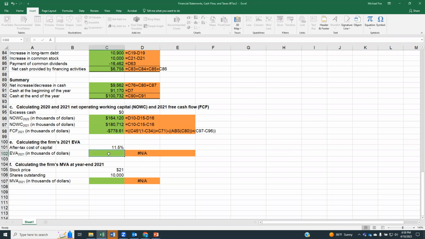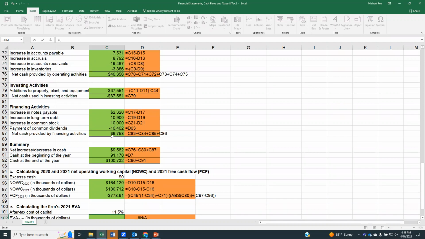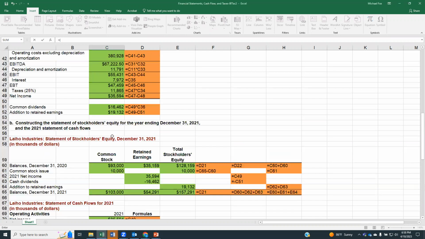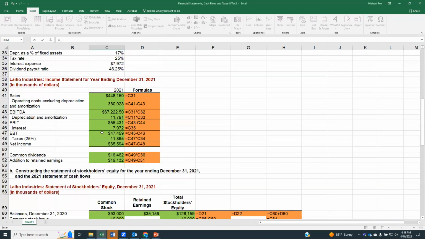So I'll say equals, I'll put a parenthesis, I'll go up and click on my EBIT, which I have all the way up here in my income statement, D47, times 1 minus my tax rate. So there's my first part.